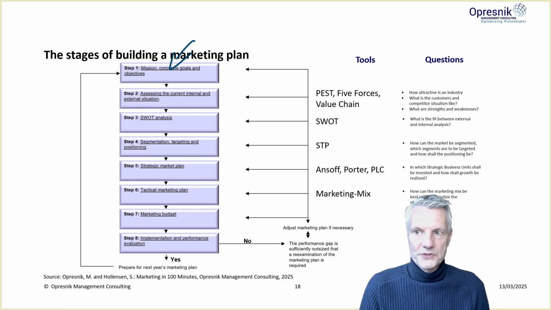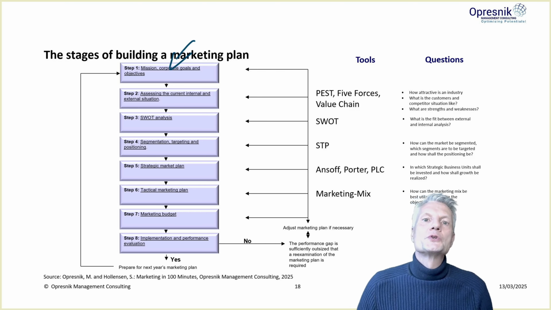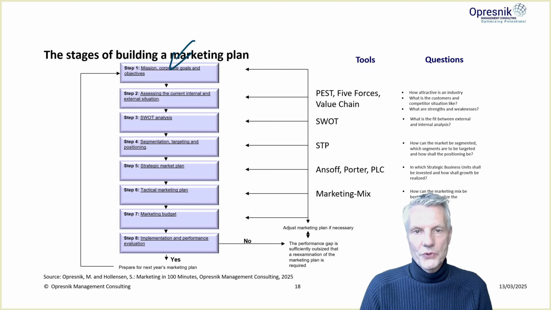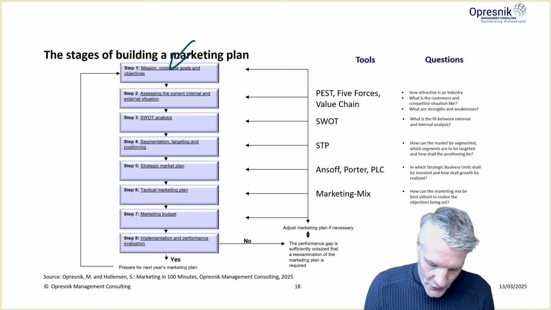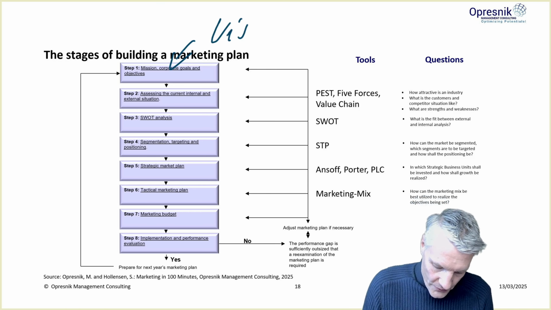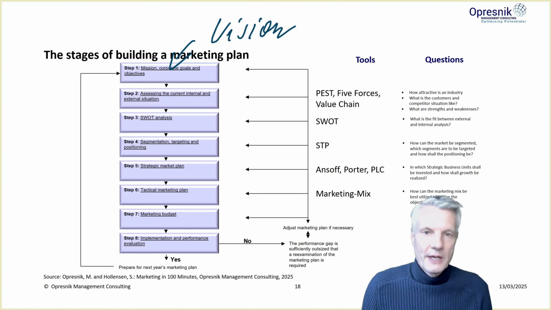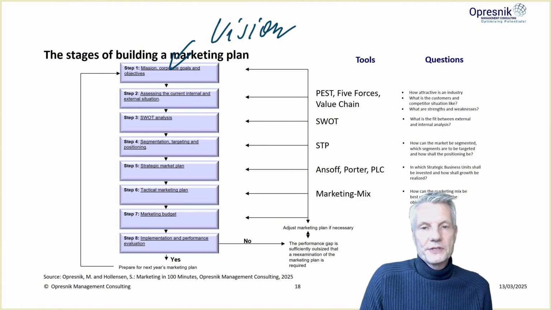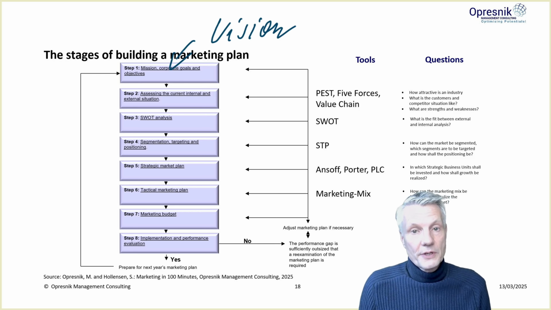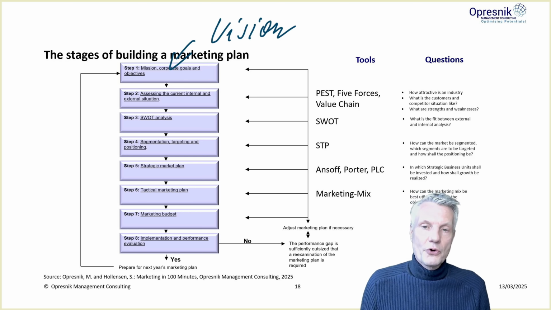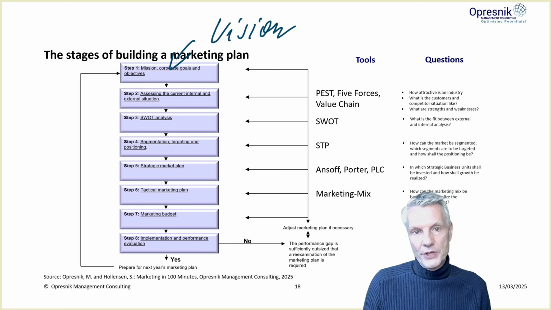What is the purpose? For example, my purpose is to build a better world through education. That is my purpose. And then, of course, we need to have a vision. Every company needs to have a vision. So this is what my colleagues Collins and Porras call the big, hairy, audacious goal.